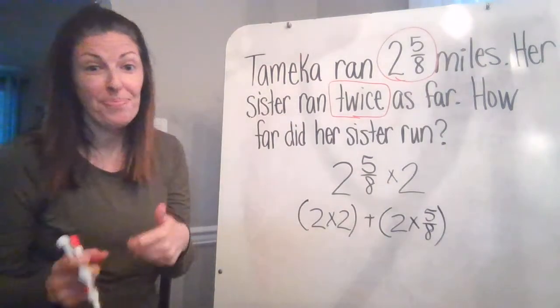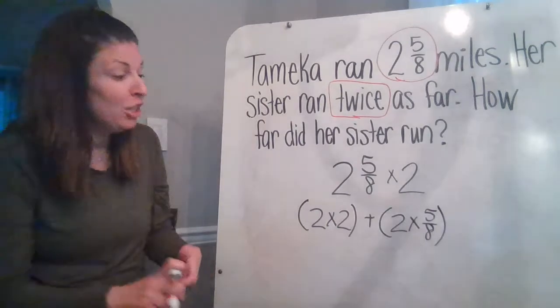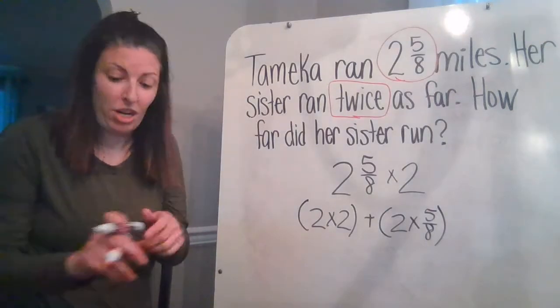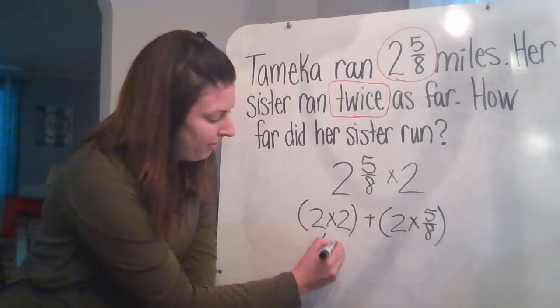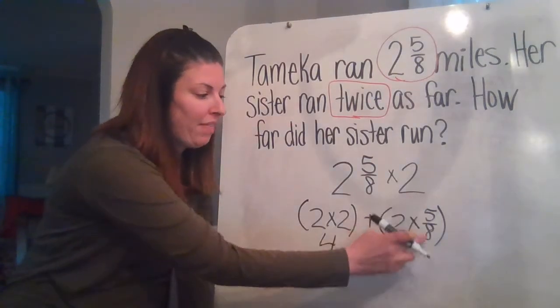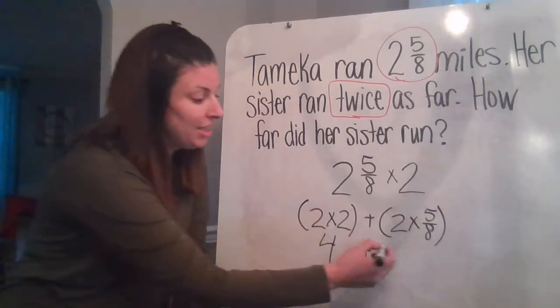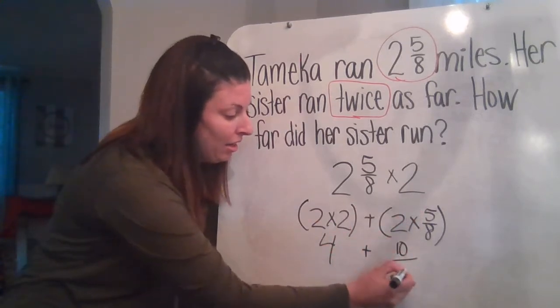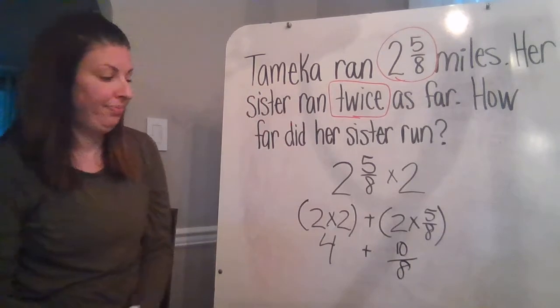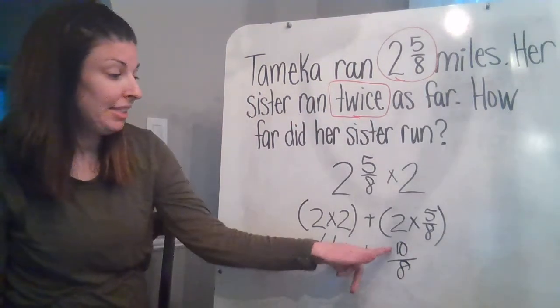So far, so good? Then all we do is we just solve this. 2 times 2 is 4. And we need to figure out what 2 times 5/8 is. 2 times our numerator of 5 gives us 10 over 8. So right now our problem is 4 plus 10 over 8.